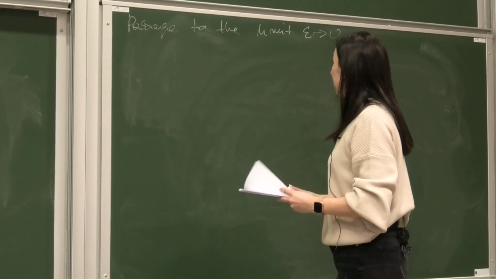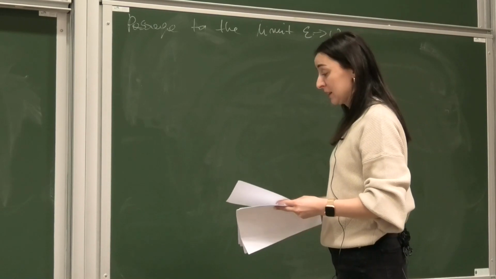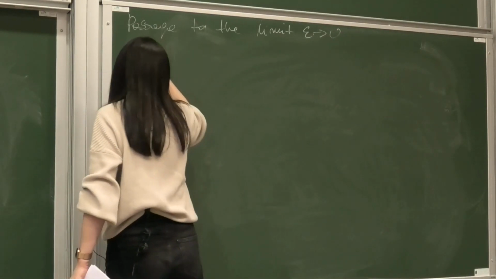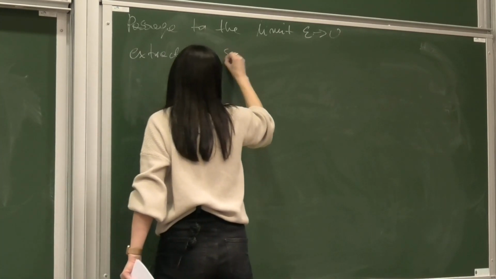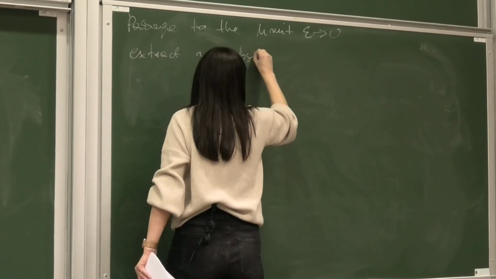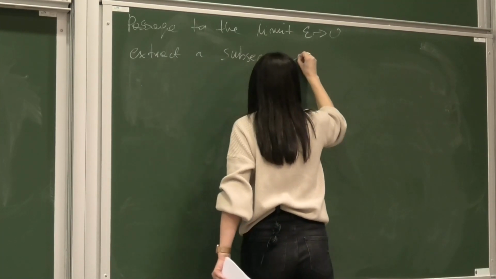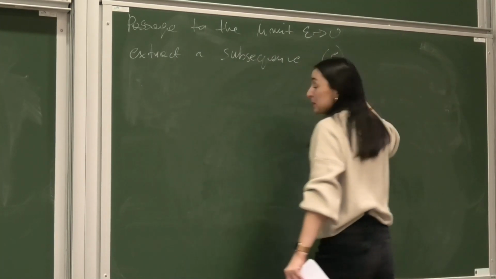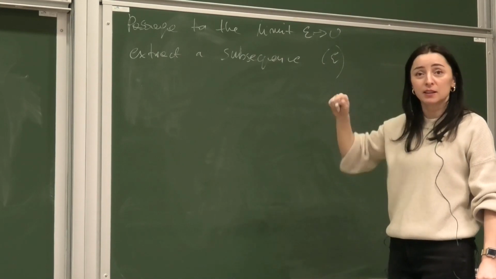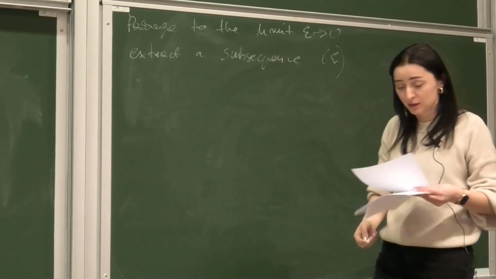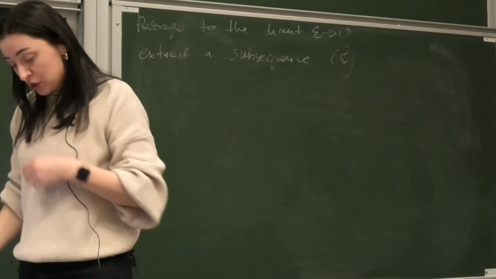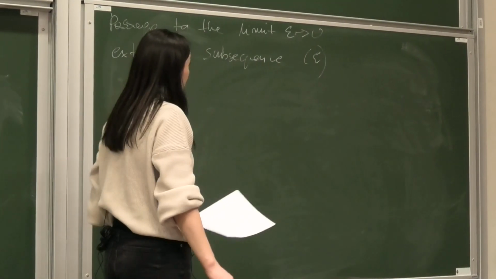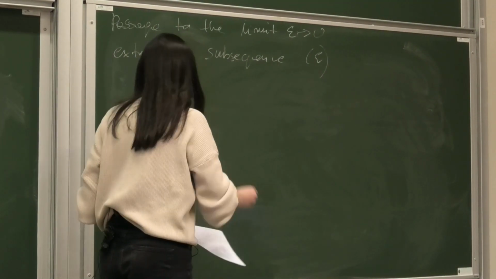So from these a priori estimates, I can now extract a subsequence which will always be labeled with epsilon anyway. So I'm not going to write epsilon n, k, and so on. I will always denote it with the same letter, which gives me the convergences or weak convergences of the quantities that I'm interested in.